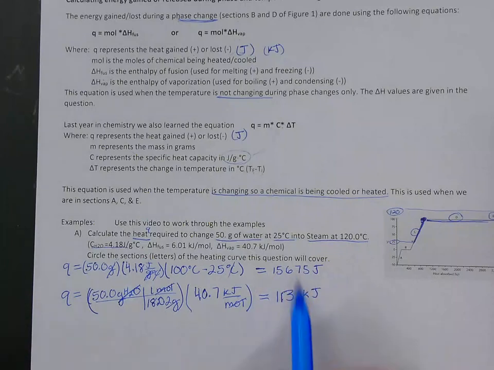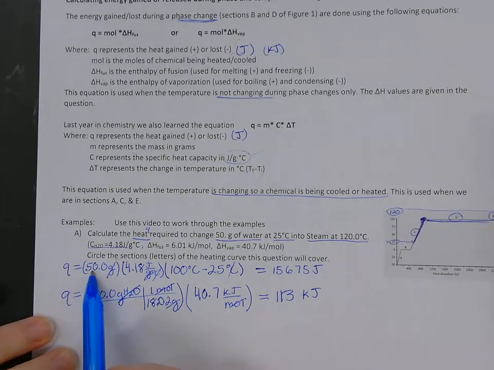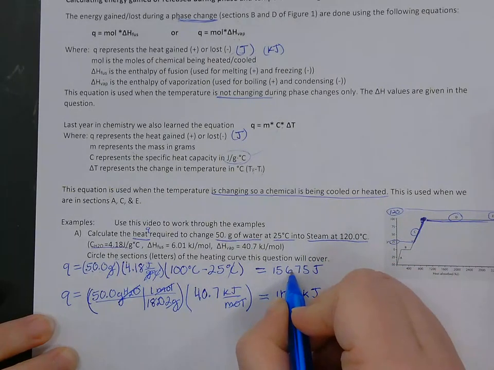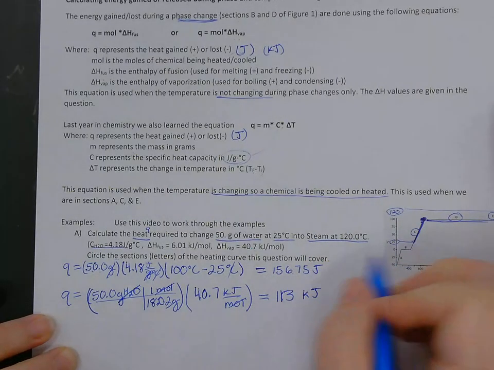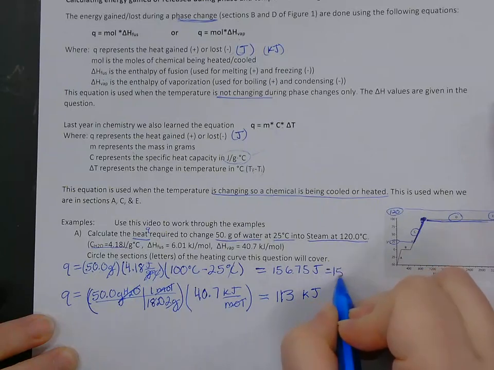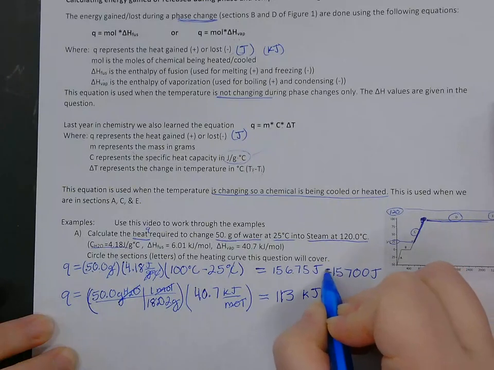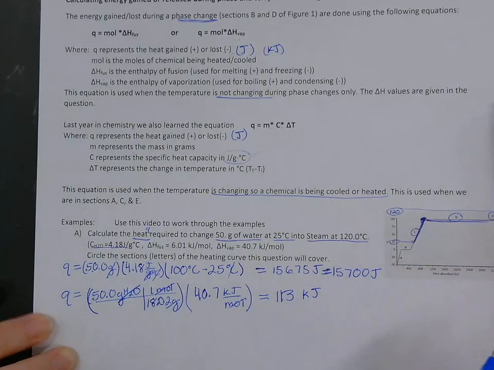So we can see that these two numbers are in different units right now, and we'll have to deal with that in a second. Let me check my sig figs up here. So we've got 3 in our values, so we're going to round to 3 sig figs. So that 6 would become a 7. Let's go 157, 15,700. There we go. Joules of energy.